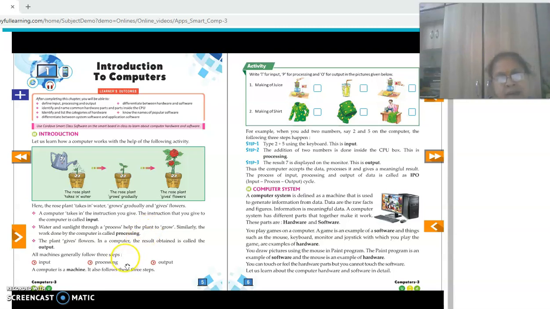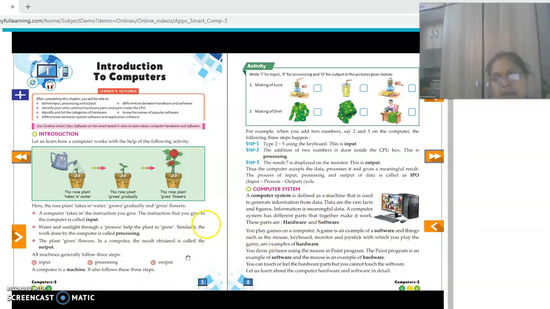Then it gives the output. So we can say generally all machines follow this process: input, processing and output. This input, process and output is called the IPO cycle.